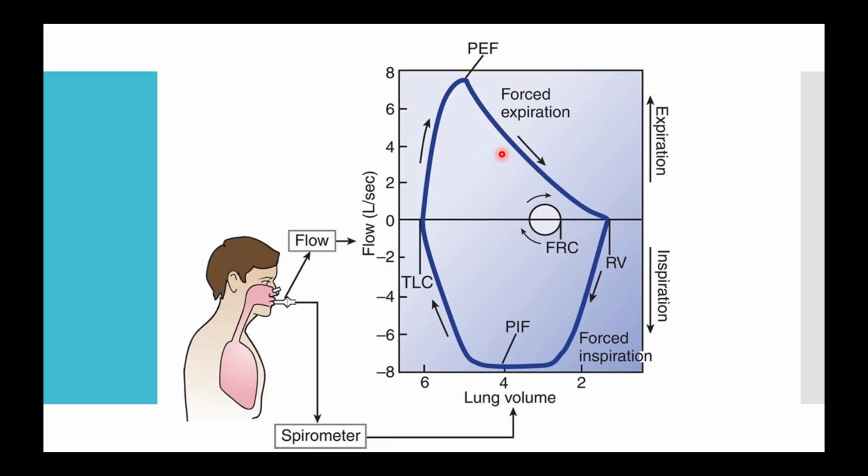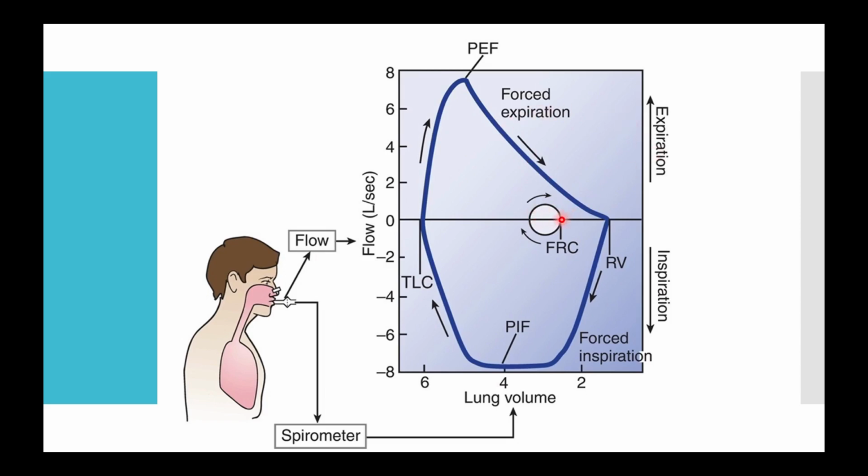What's important to know here is that the second part, like this part of the graph, is force independent. This is force dependent, and then this is force independent. So no matter what force you apply in the expiration, you'll end up having this slope at the end.